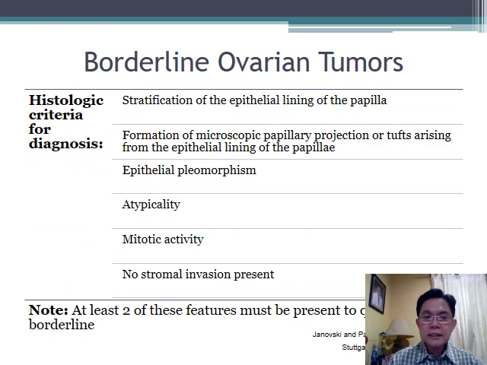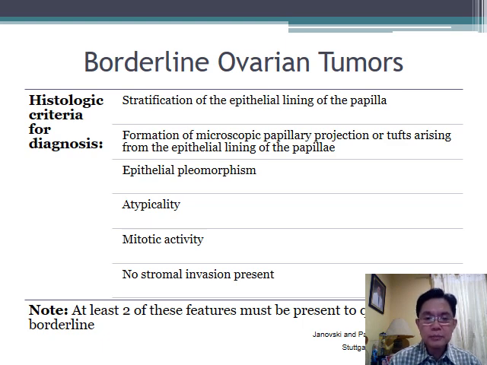These are the histologic criteria for the diagnosis of borderline ovarian tumors. First, there should be stratification of the epithelial lining of the papillae. Secondly, there is formation of microscopic papillary projections or tufts arising from the epithelial lining of the papillae. On microscopic evaluation further, you will see that there is epithelial pleomorphism, the cells are atypical, and there is an increase in the number of mitotic figures.